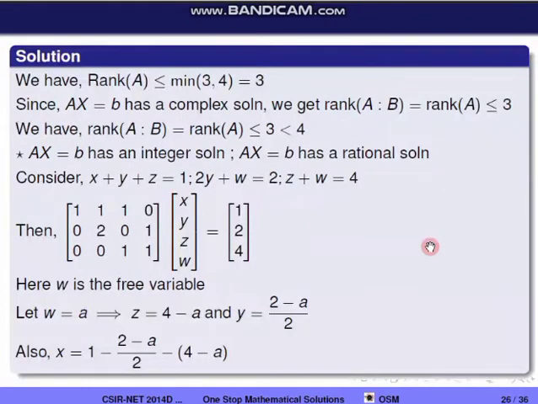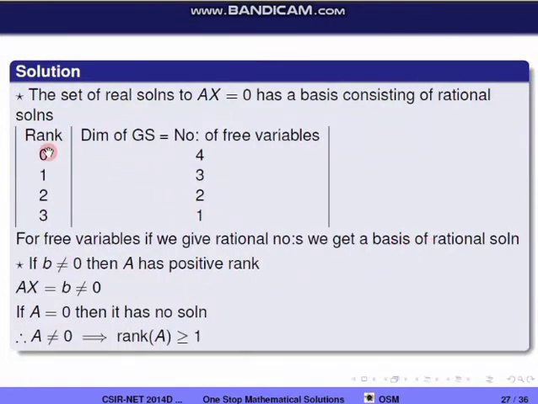So using those two concepts, if I take rank of A to be 0, the dimension of the general solution is equal to the number of variables, which will be 4. If it is 1, the dimension will be 3. Rank 2, dimension will be 2. Rank 3, dimension will be 1. So if we assume these free variables to be rationals, we get a basis of rational solutions. So the third option is correct.